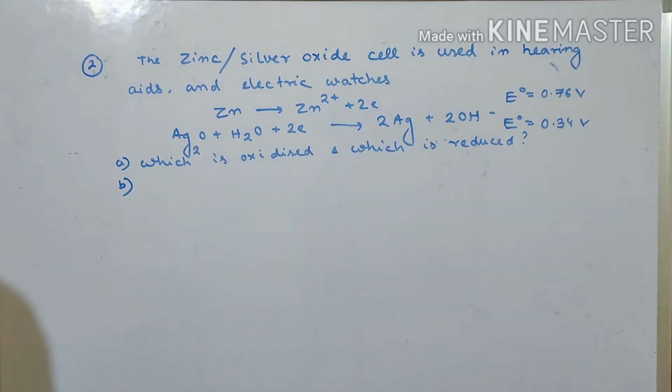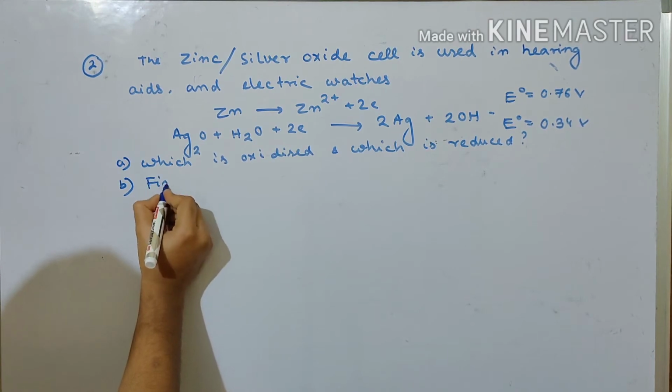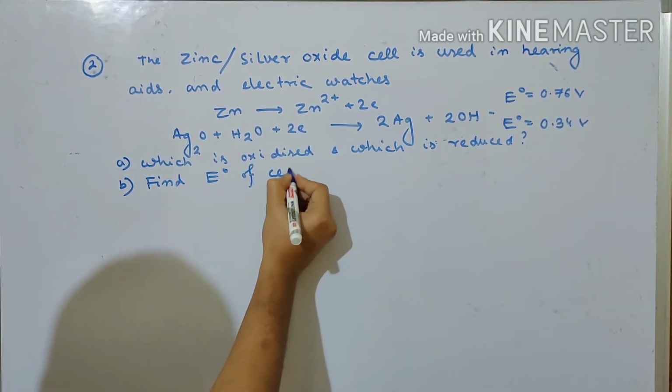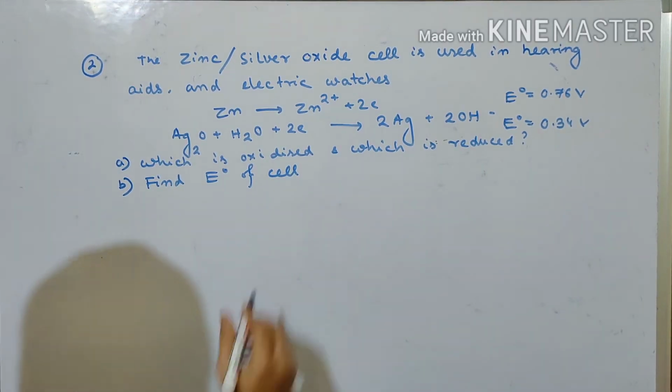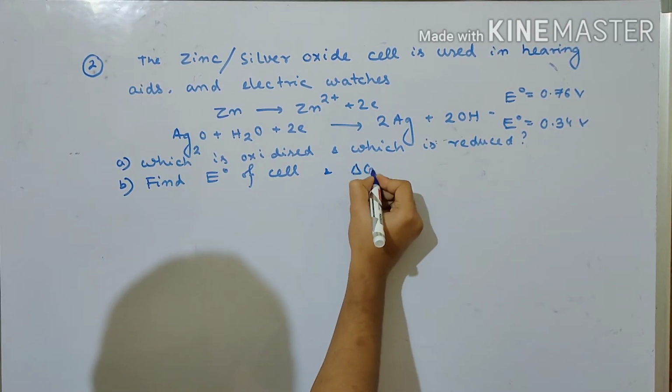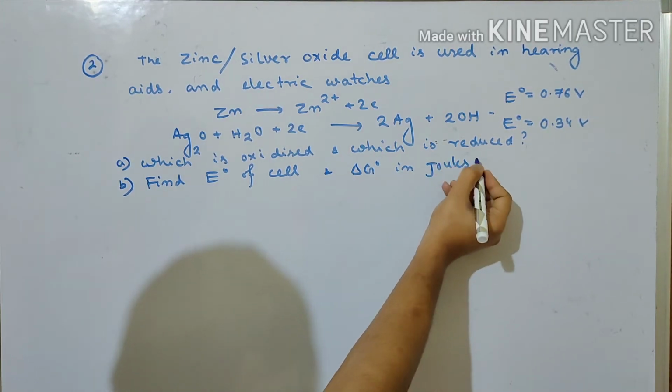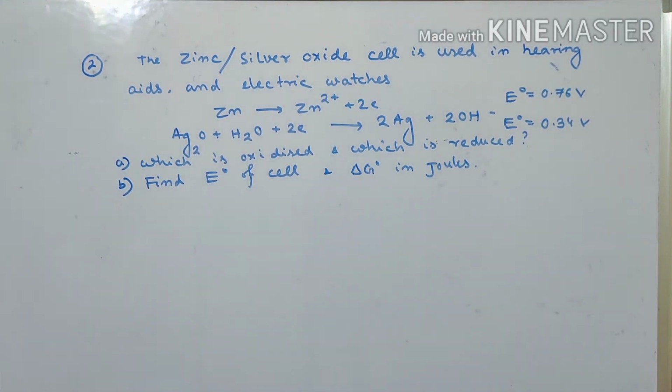The second question is, find E0 of the cell and delta G0 in joules. So this is the question. Now let us reanalyze the question.